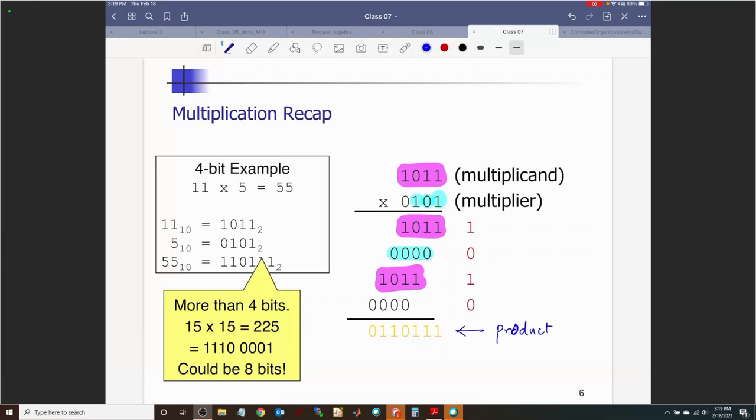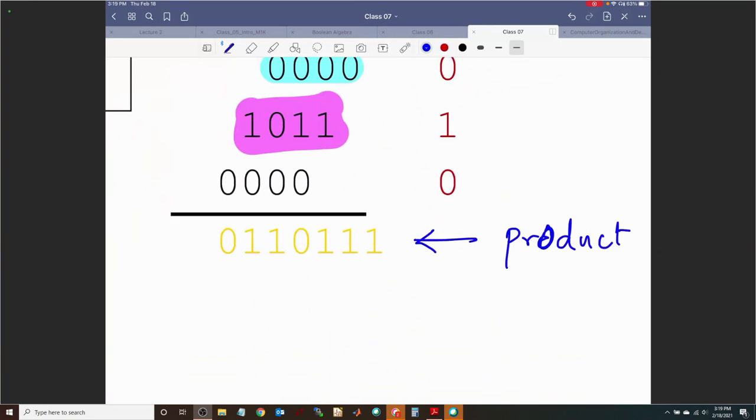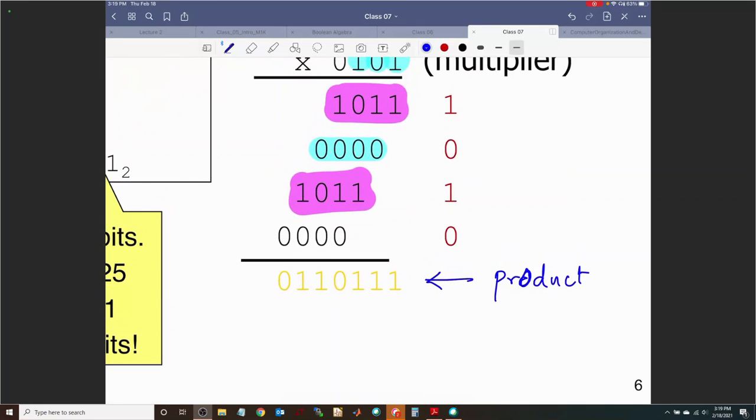In other words, all you needed in this case was add 1 0 1 1, move left, add 1 0 1 1, move 2 left. So 1 0 1 1 0 0. That's it. This added to that, and you got your answer.